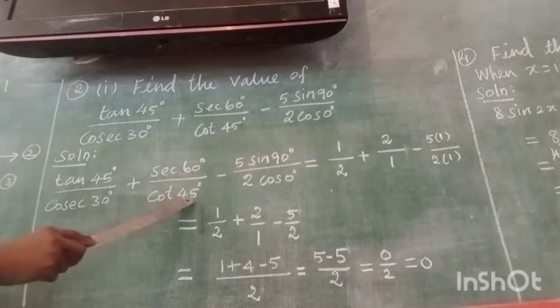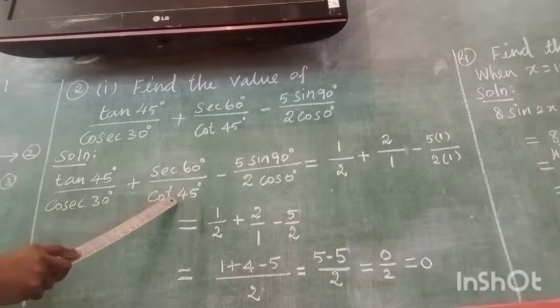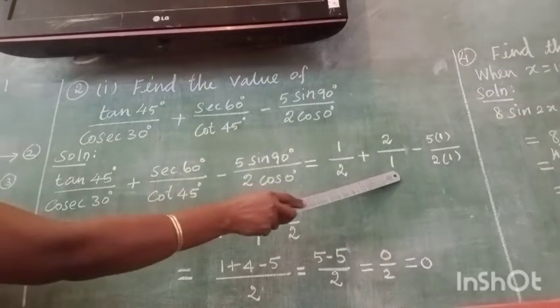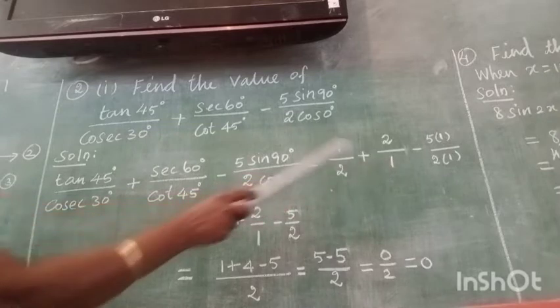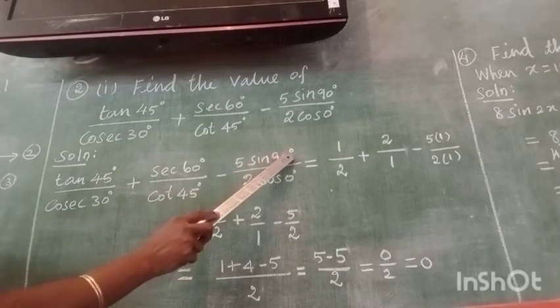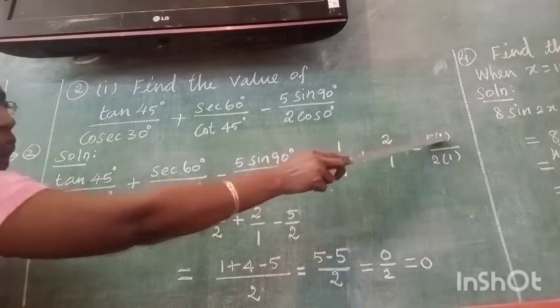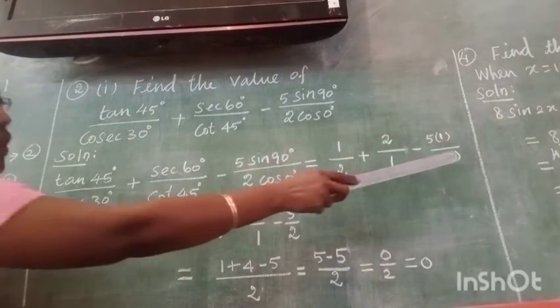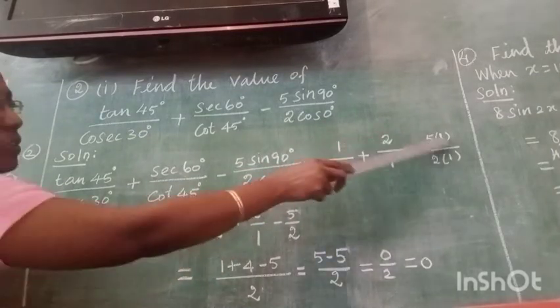Cot 45 degree is the inverse of tan, so cot 45 degree value is 1. Minus 5 sin 90 degree. What is the sin 90 degree value? 1. Cos 0 is 1. Okay, now you have to simplify this value.